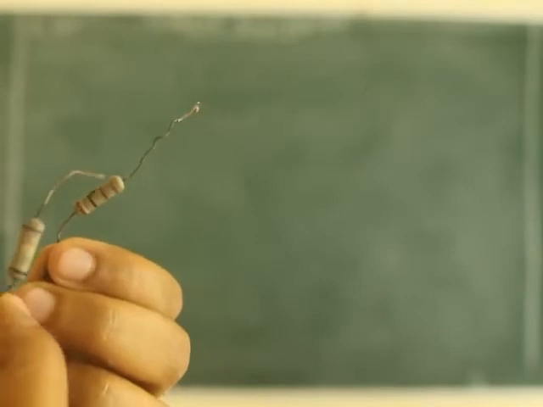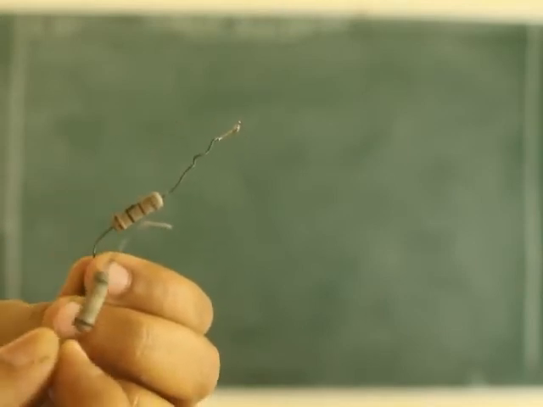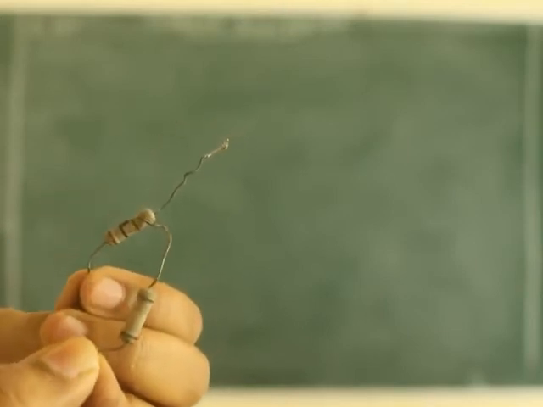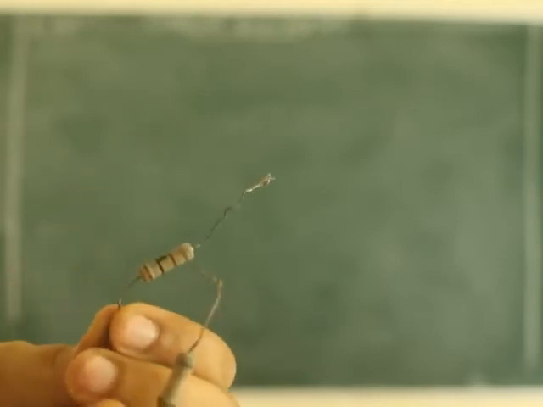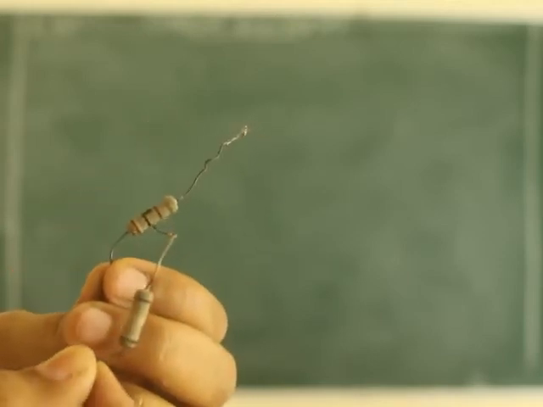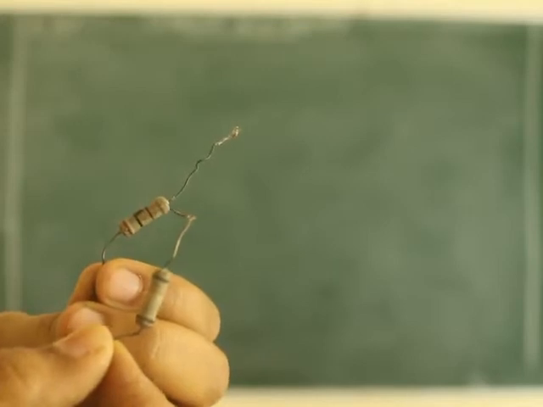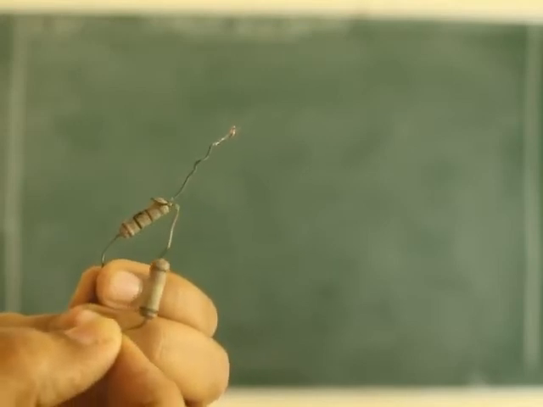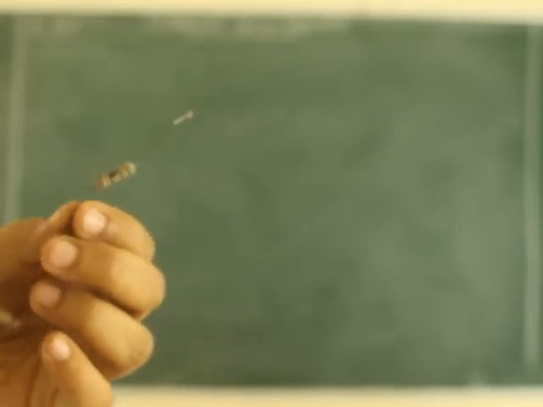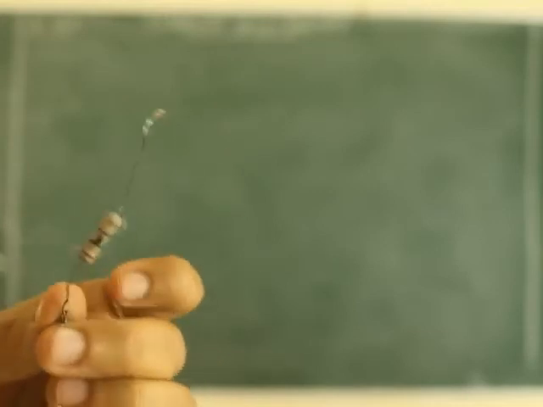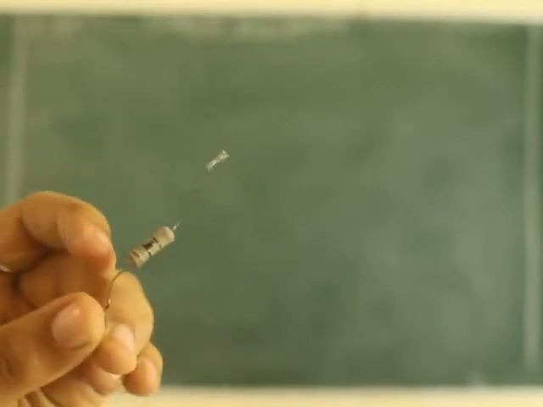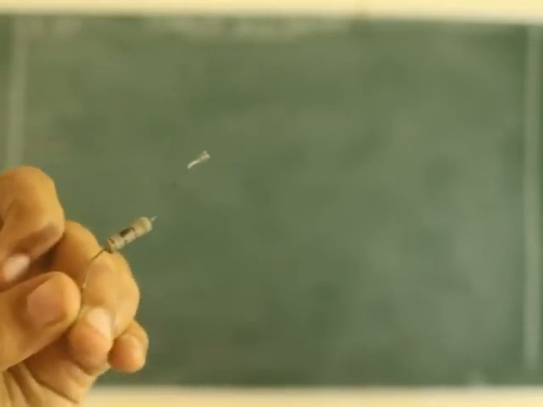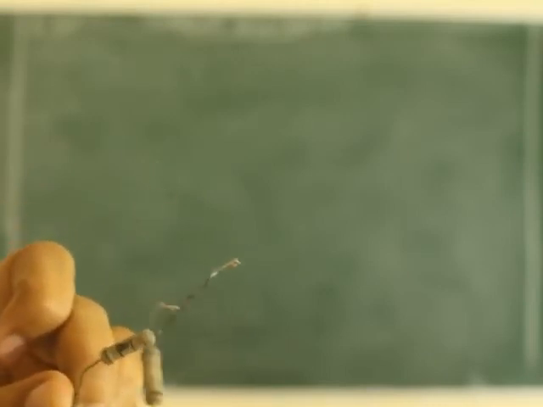So three colors and one more color is there here. Which color? It's a golden color, I'm sorry. This is brown, black, brown and golden. So there are four colors. Can you tell me what is the range of this resistor?